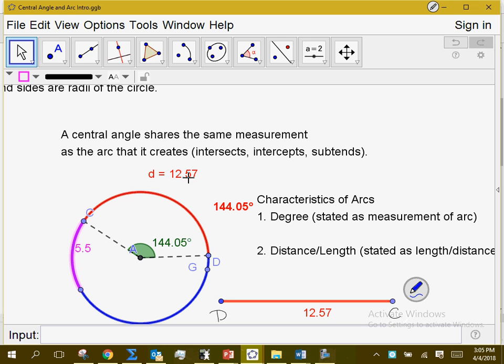Can I add 12.57 and 5.5 together? Yeah. So then from D all the way around to that point there would be about 18 whatever. Okay, 18.07 or something like that. Okay. So we can do arc addition. We have midpoints of arcs, all that kind of stuff. Ultimately, what we can kind of view arcs as is curved segments. So everything that you do with a segment, you should be able to do with an arc. Okay.